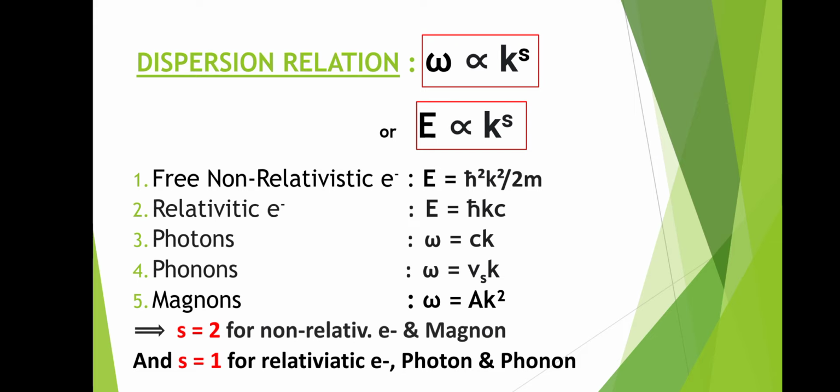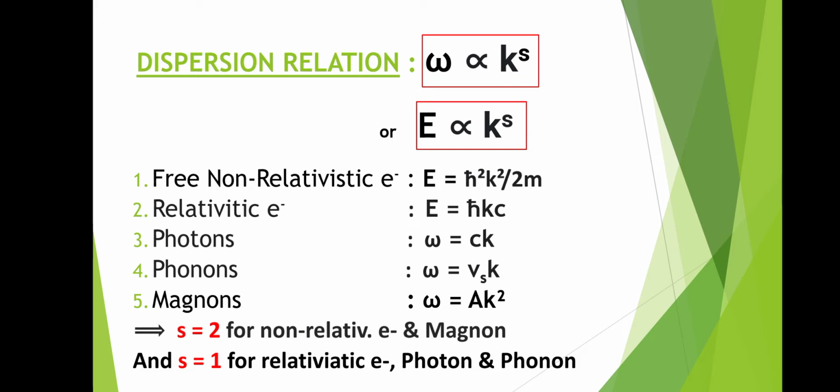That the kinetic energy is greater than the rest mass energy. For photons, the dispersion relation is omega equals c times k, where c is the velocity of light or the photon. For phonon, the dispersion relation is omega equals vs times k, where vs is the speed of sound. And for magnons, the dispersion relation is omega equals a times k square.